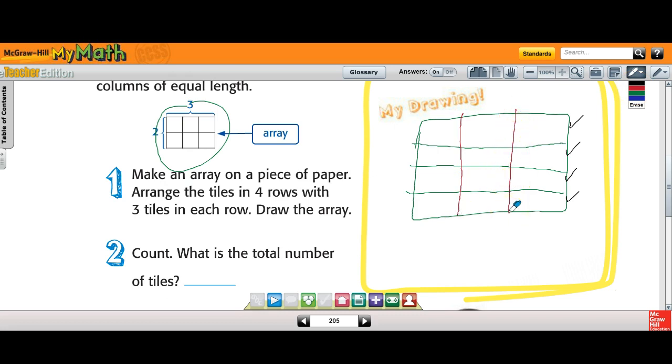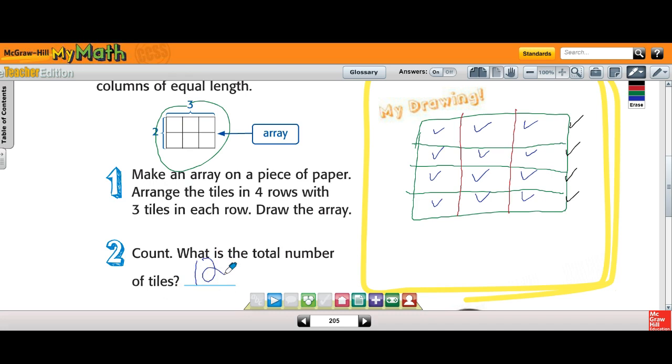And then now can I find out the total? What's the total? How many? Well, let's see. 1, 2, 3, 4, 5, 6, 7, 8, 9, 10, 11, 12. 12 tiles. What would be my multiplication sentence?